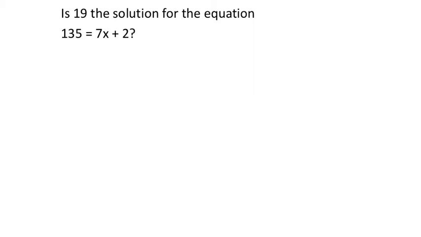Is 19 the solution for the equation 135 equals 7x plus 2, okay? So what this is saying is, is 19 the solution? It's really asking if you replace x with 19 in the equation, will you get a true statement?